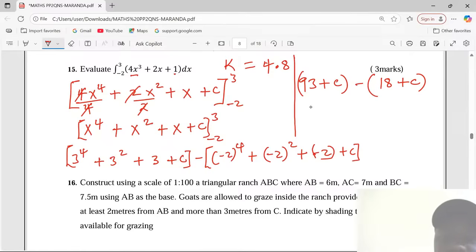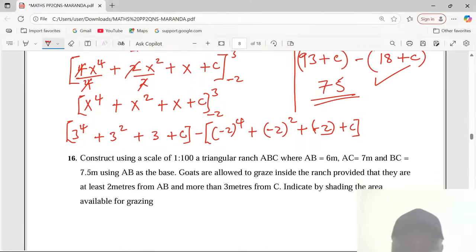So you discover we need 93 minus 18, right? To give us 75. Then when we take c minus c, the constant disappears. So that's how you are supposed to integrate and you substitute.